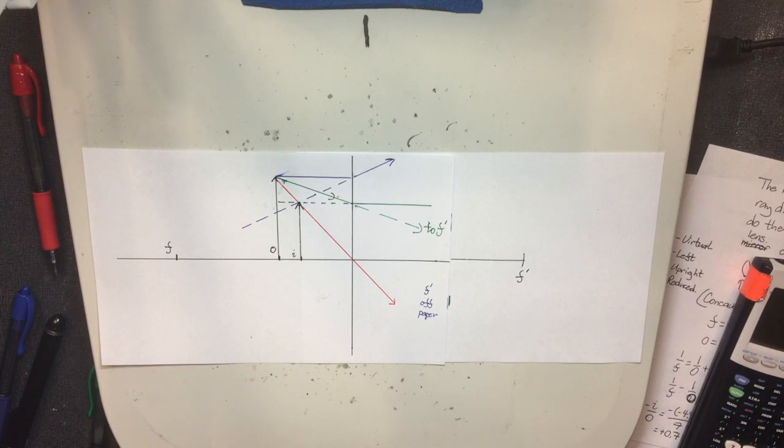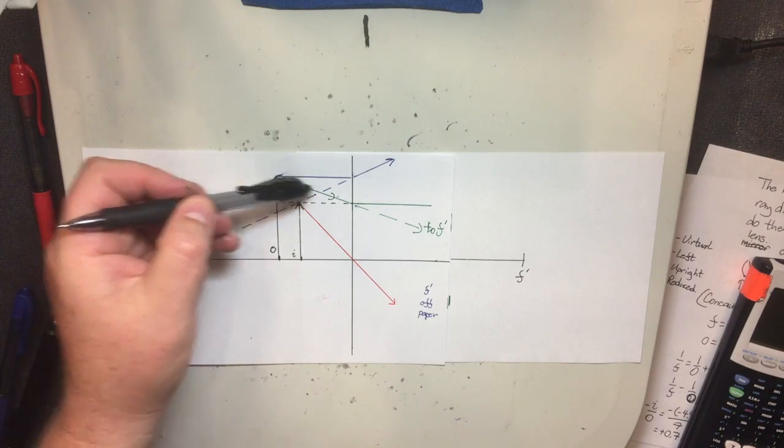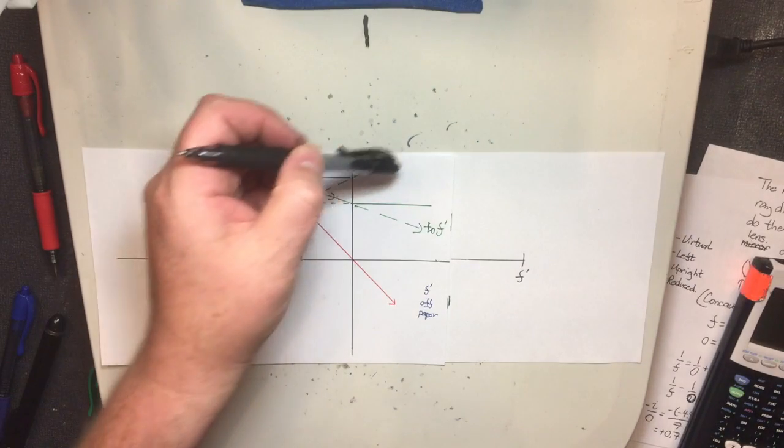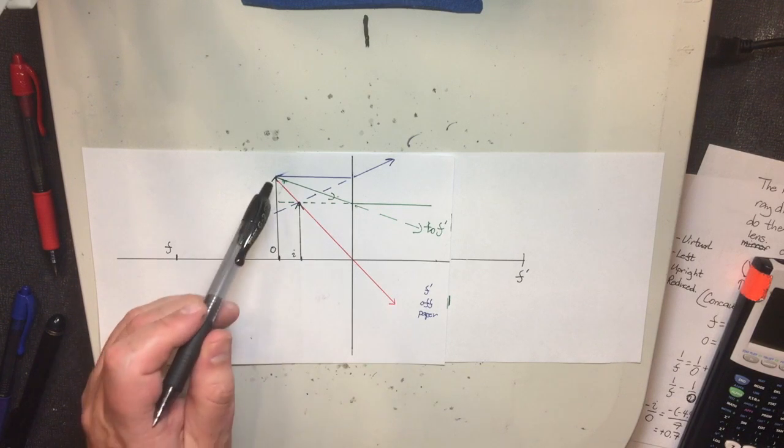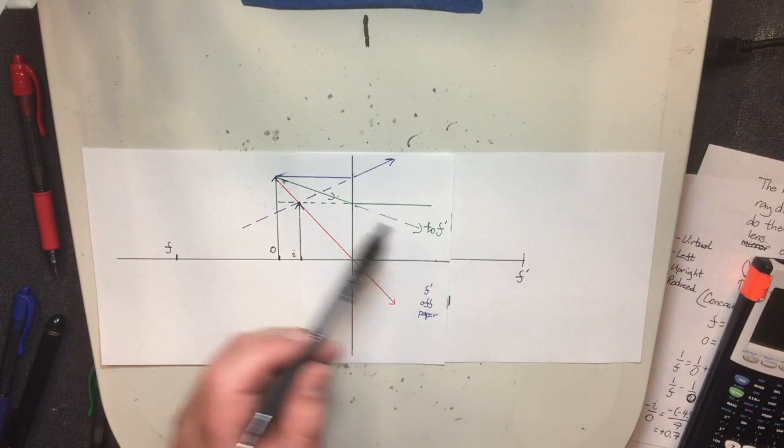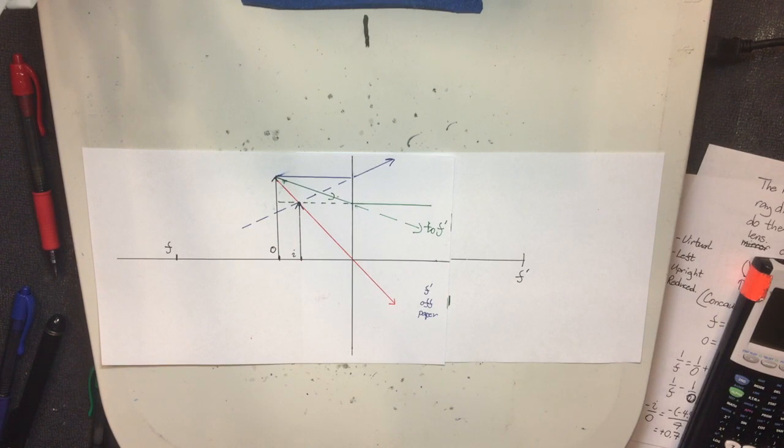There are the three main rays. The first ray through the middle. The second ray starts parallel and either diverges away from the focal point, as in this case, or converges to the focal point. The third ray you have to look at, and it depends on the situation.